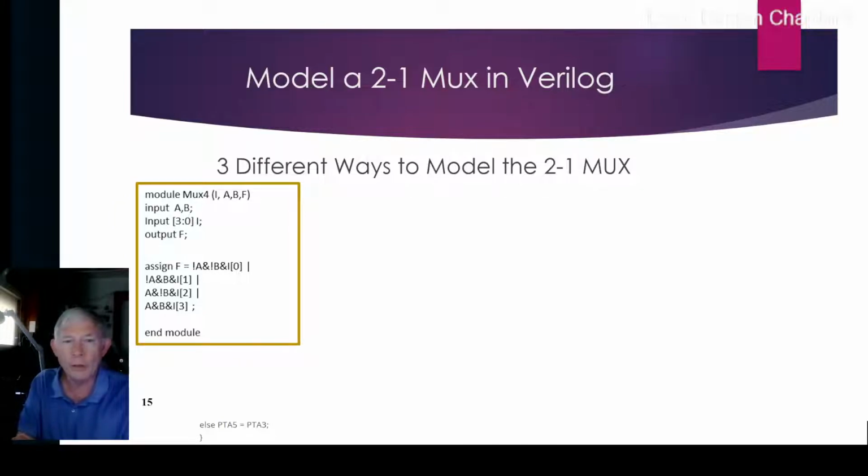Okay, so we have the keyword module, name MUX4, and then we have 4 variables, I, A, B, and F. Now here in this list are all the variables that are going to appear to the outside world, but we then describe them a little better. In this case, we call it input A and B, input I, that's a vector 3 down to 0. It's a little confusing, and output F.